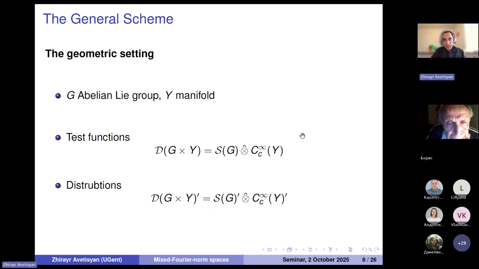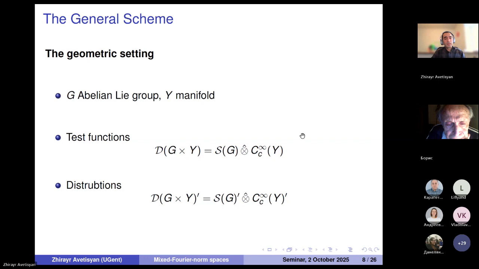Mathematically, this is basically the tensor product of the Schwartz space on the group and the test function space on the manifold. So this exists, of course, by nuclearity and so on. There is this abstract functional analysis behind it, but actually in the paper, we have written down explicitly and carefully all the semi-norms and everything. So all computations are done from scratch in an explicit manner. No magic here.